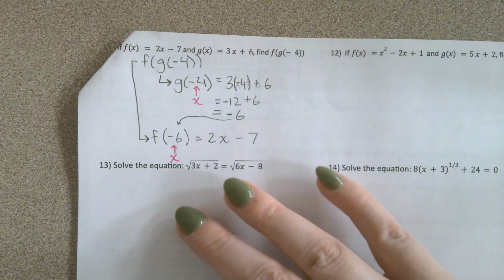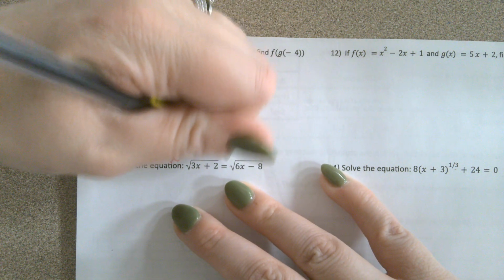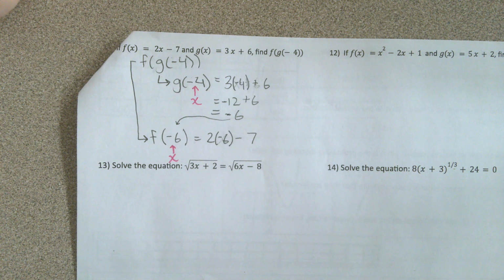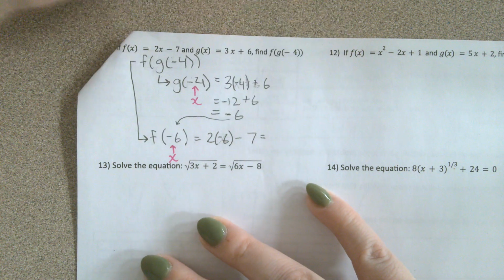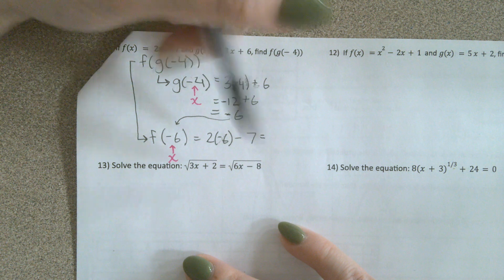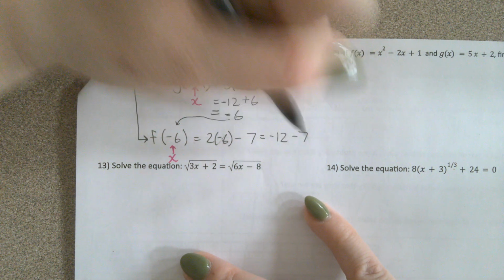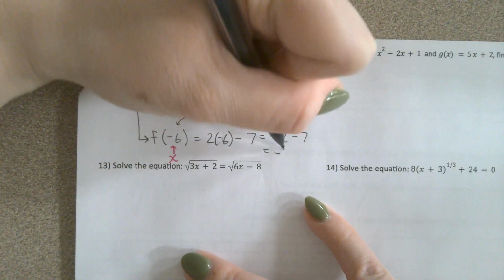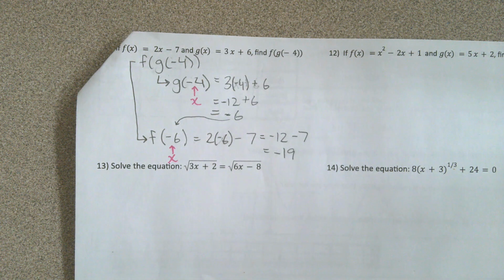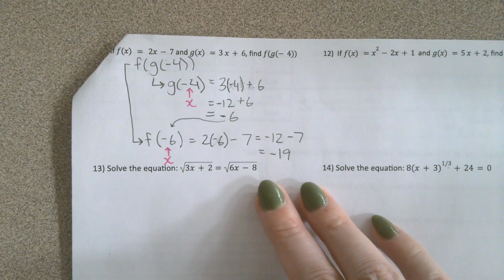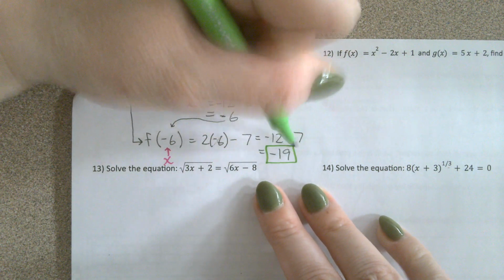So I'm going to replace the x with -6. And I'm running out of space here, so I'm going to have to go a little horizontally. 2 times -6 is -12 minus 7, and that gives us -19. And there's nowhere else to go with this. I have answered the question, so -19 is my complete answer.